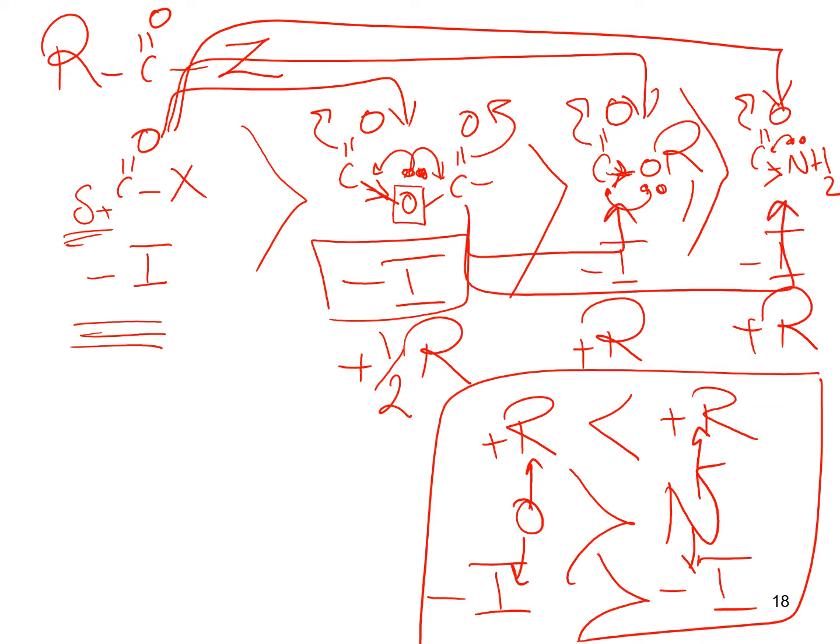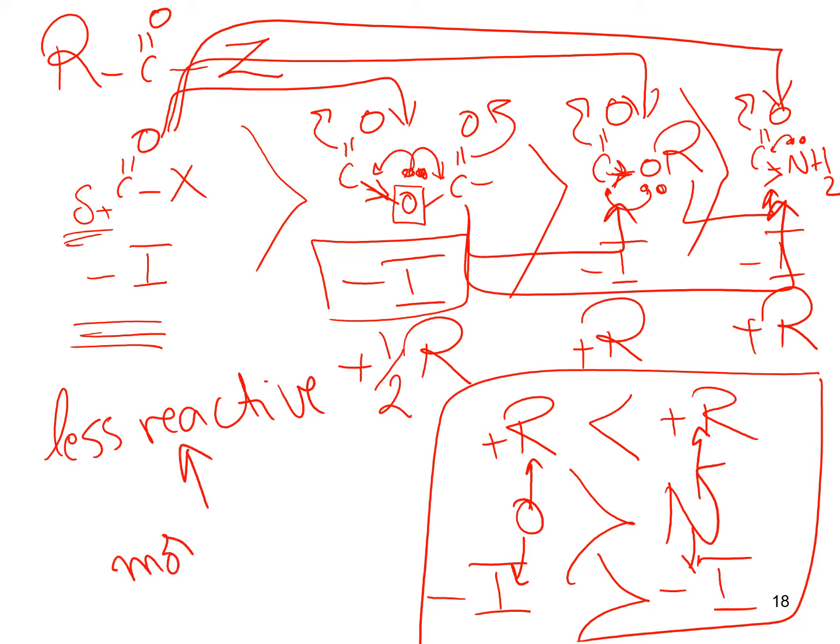And you can use the ester to synthesize the amide. However, you cannot use the amide to synthesize any of them because it's weaker in its order of reactivity. You can always prepare the less reactive from the more reactive and not the other way around. Okay, so this is the rule.